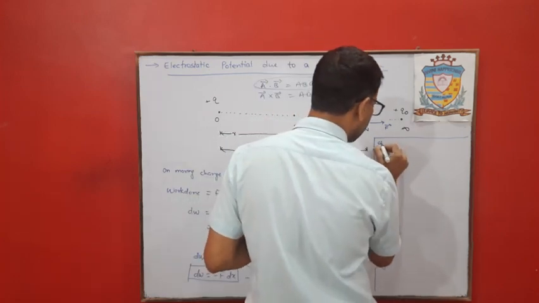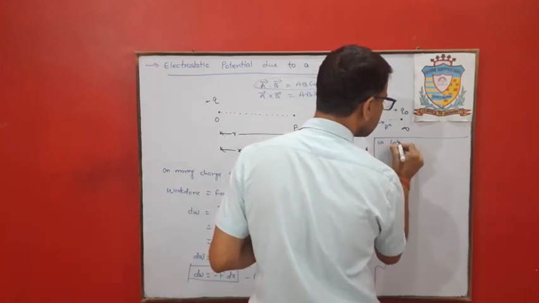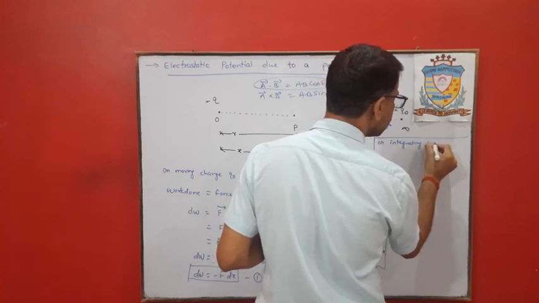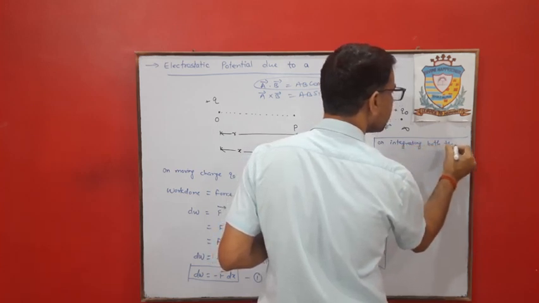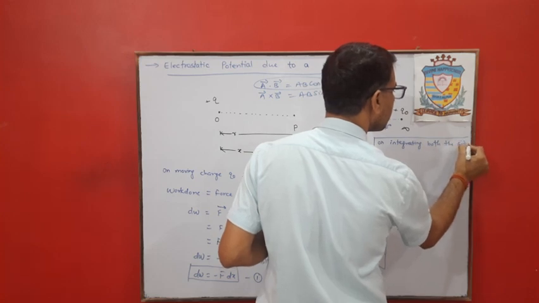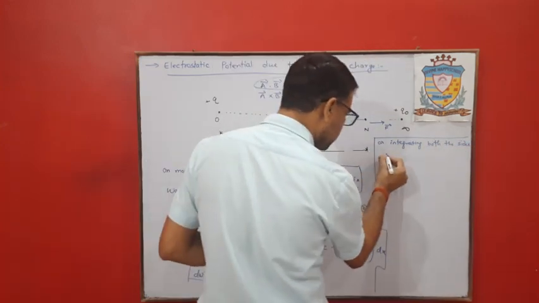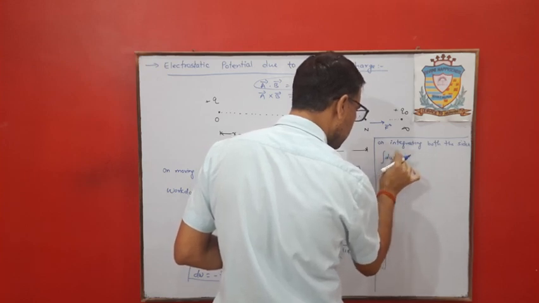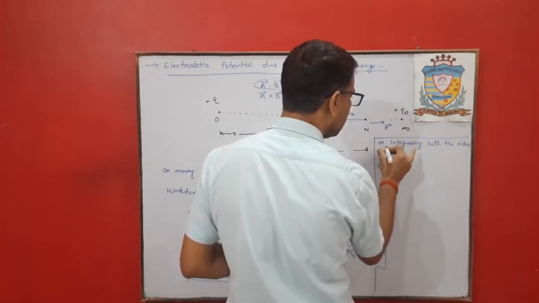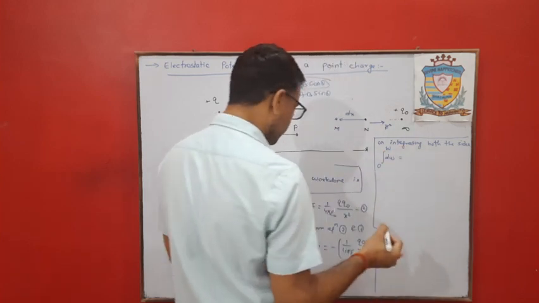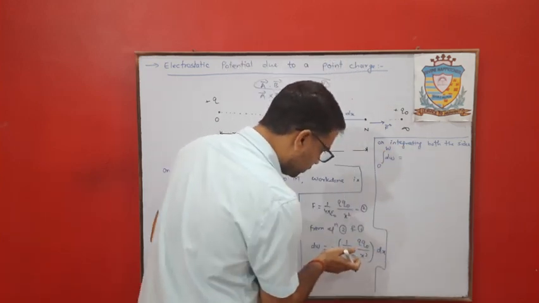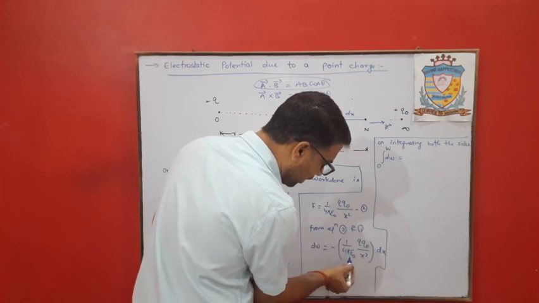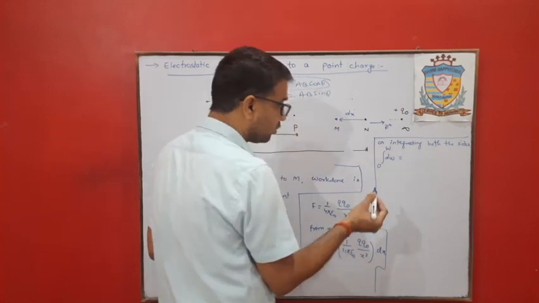On integrating both the sides, dW is equals to, and the lower limit will be 0, upper limit will be W, and this whole term q naught by 4 pi epsilon naught, q naught will be constant.